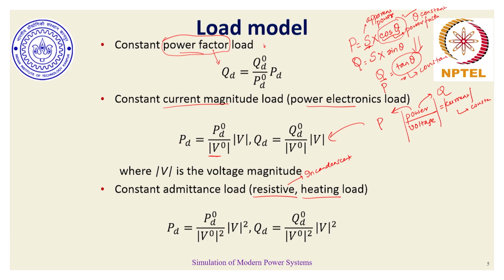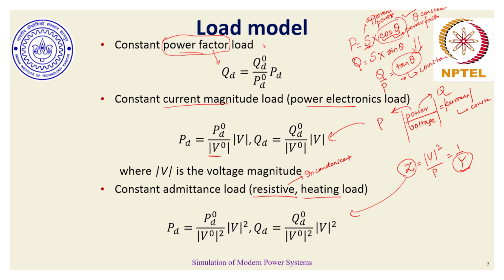And we all understand that impedance, usually denoted by Z, is nothing but voltage magnitude square by power, which is also equal to 1 by Y, where Y is the usual notation for admittance. So, if we have to maintain the value of Z or Y constant, we can also get these relative expressions for real and reactive power.